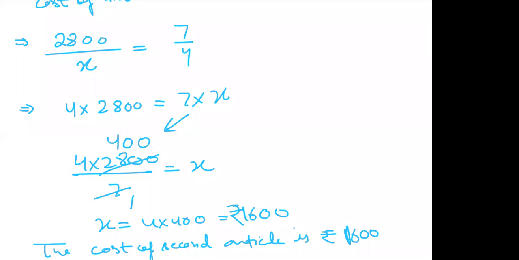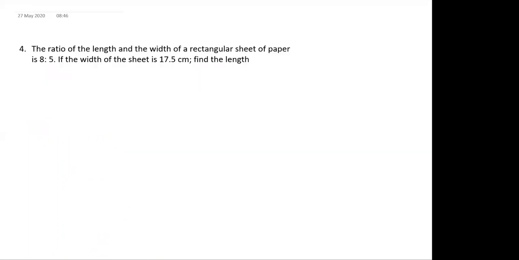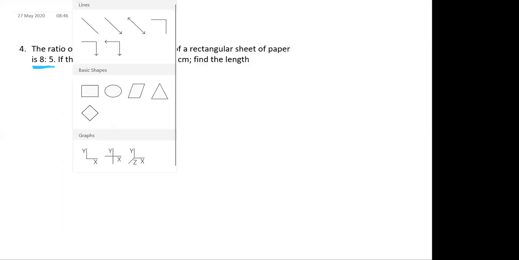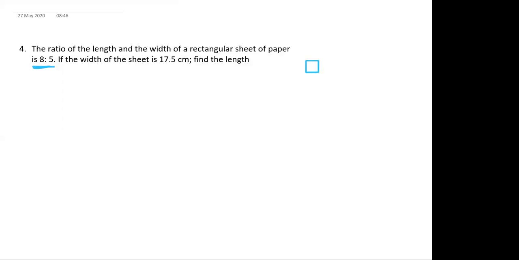Next question: the ratio of the length and the width of a rectangular sheet of paper is 8:5.